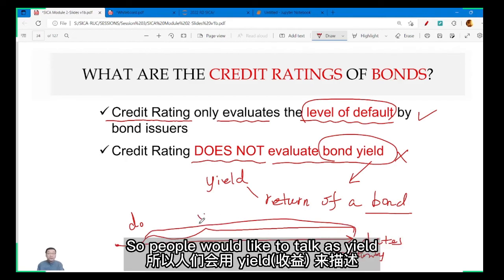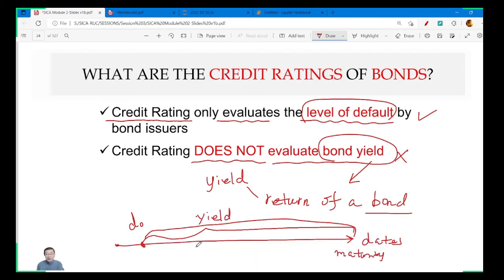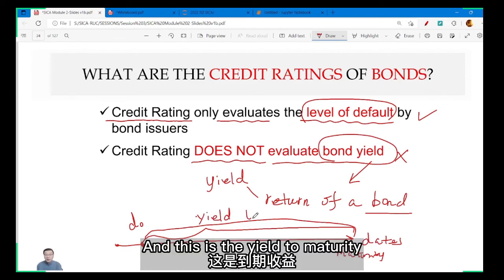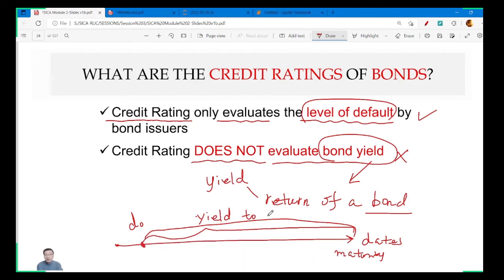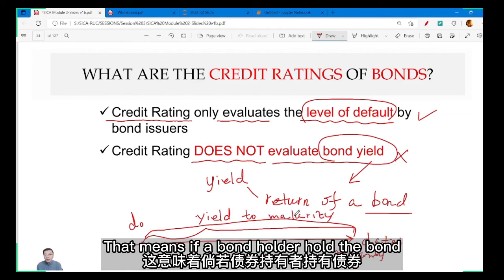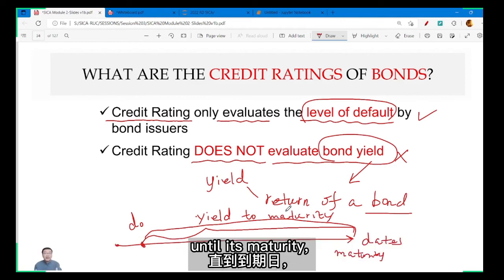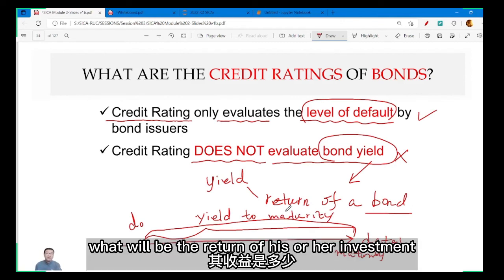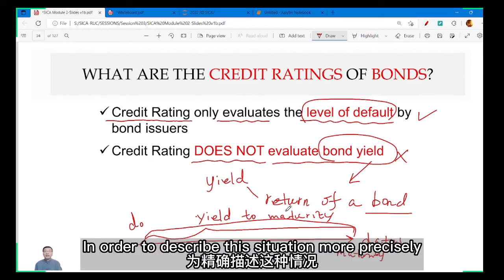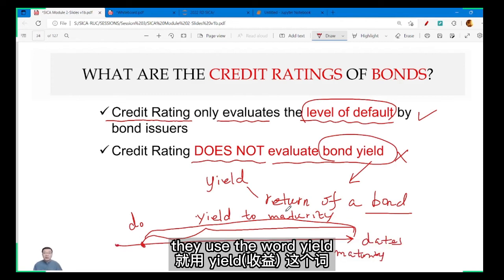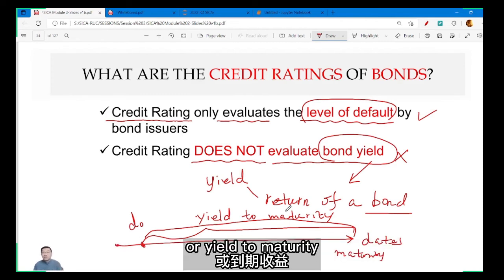So people would like to talk about it as yield. And this is the yield to maturity. That means if a bondholder holds the bond until its maturity, what will be the return of his or her investment? In order to describe this situation more precisely, they use the word yield or yield to maturity.